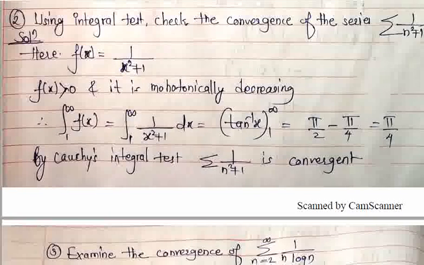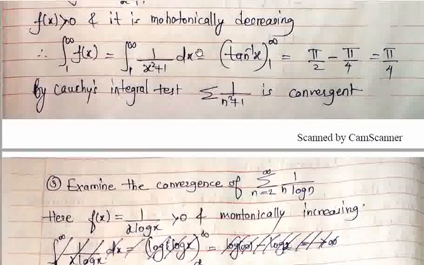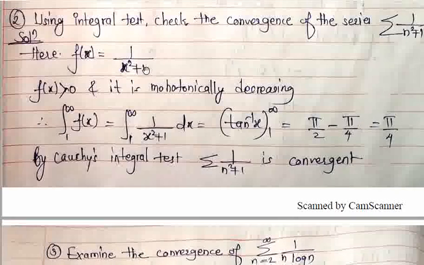So using the integral test, check the convergence of the series, the summation of 1 by n squared plus 1. Here f of x is that, and f of x is greater than 0 and is monotonically decreasing. As x increases, the denominator increases, and as the denominator increases, the whole fraction decreases.